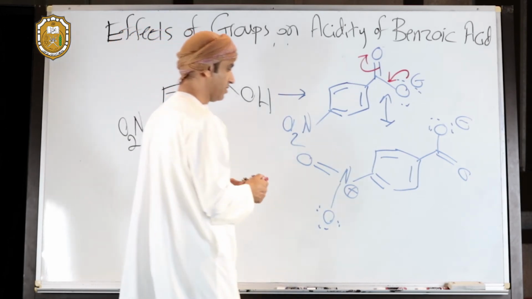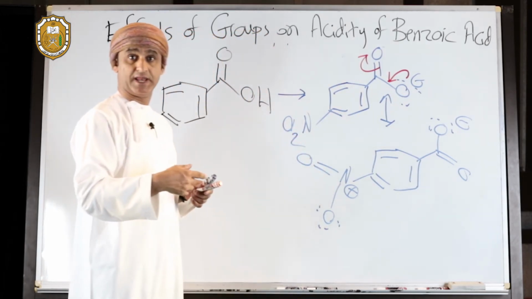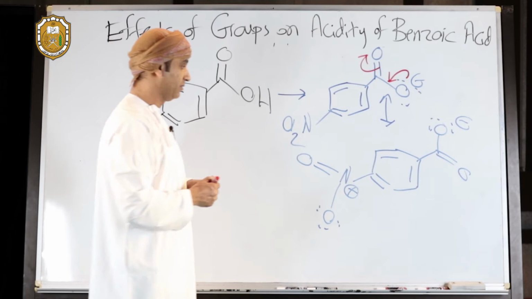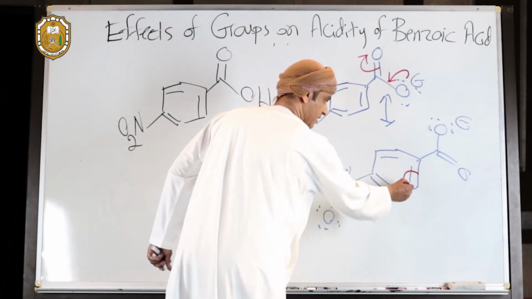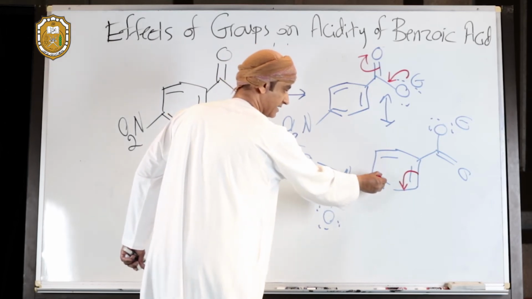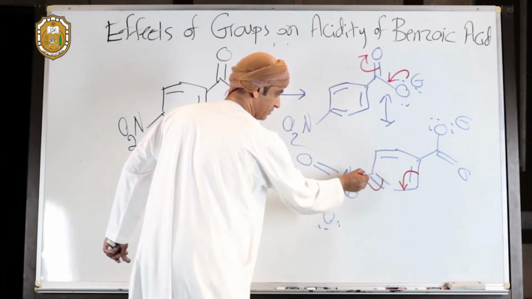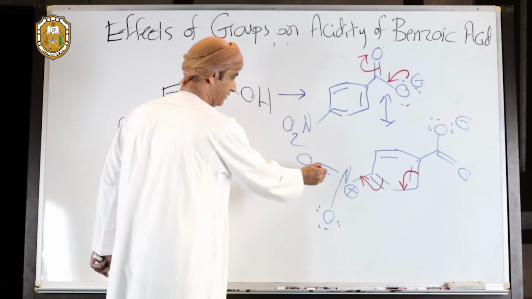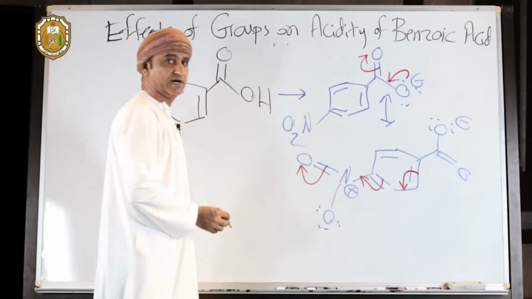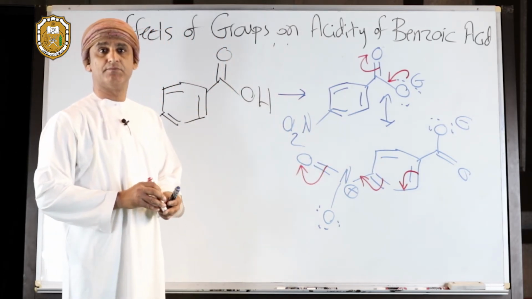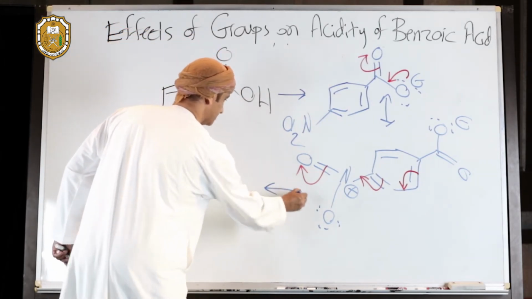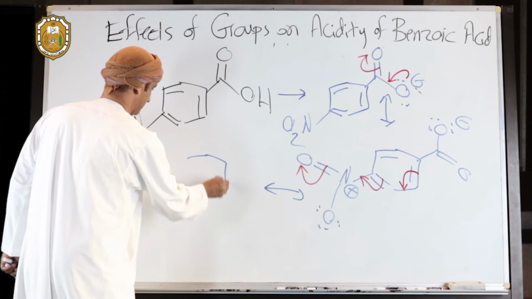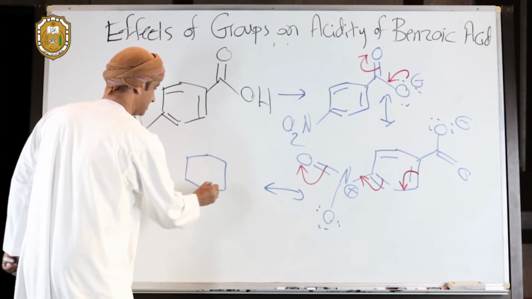In order to make it withdraw, you can do this in a stepwise manner, or you can do it in one go. So we break this carbon-carbon double bond, we make a double bond here, we break this carbon-carbon double bond, we make a double bond there, and obviously this nitrogen-oxygen double bond must be broken simultaneously in order to obey the octet rule.